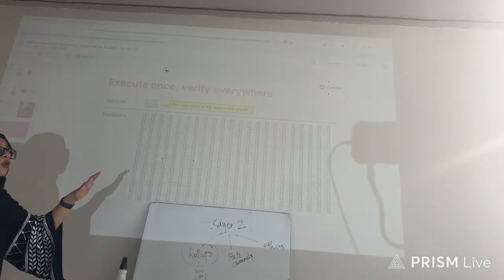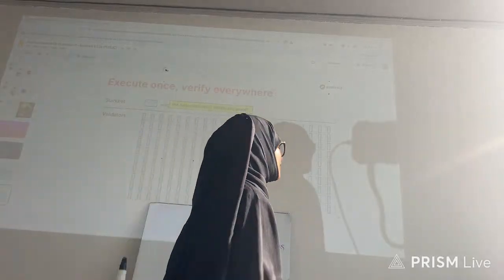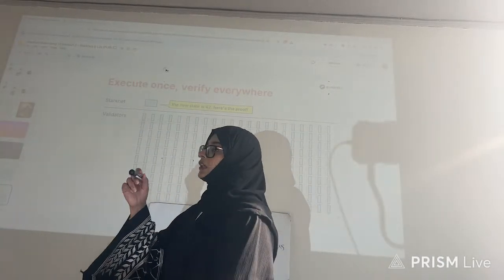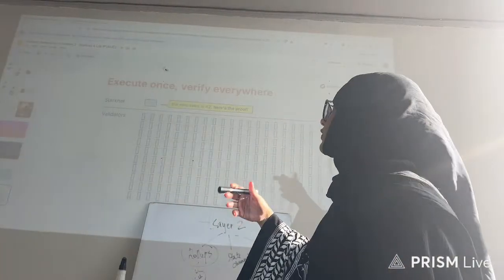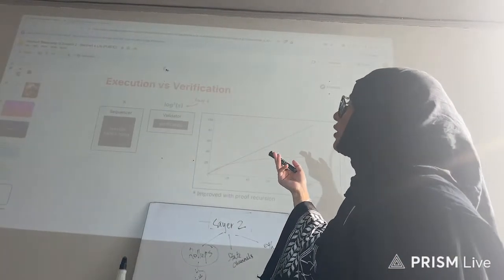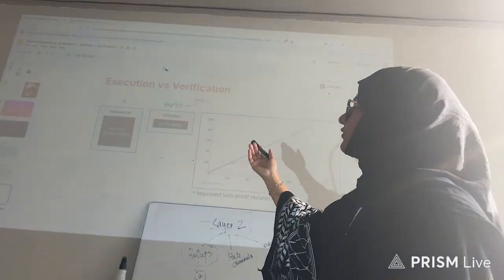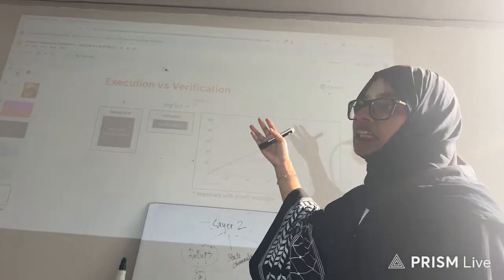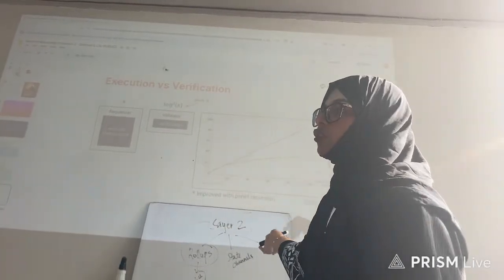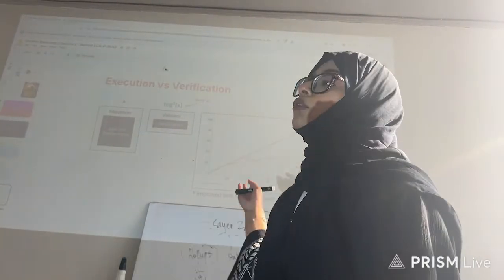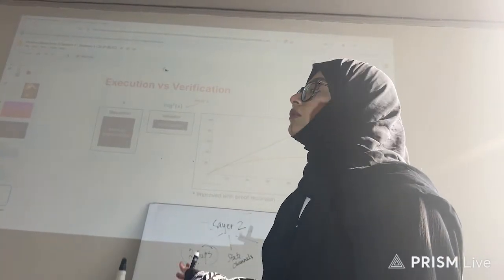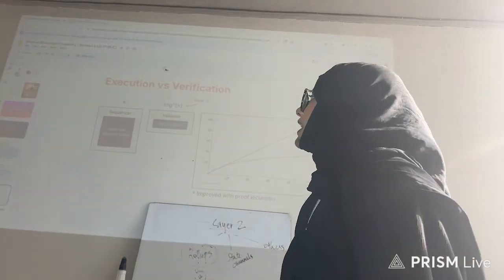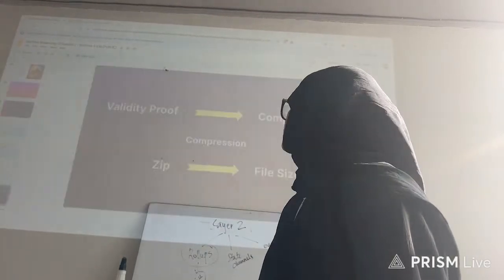The validator has to only run the proof on the system, and the difference in the computation power, if you are good at math, would be x versus log x. So let's say if x is 10, if it takes 10 seconds for a validator to validate the whole block, it would only take a second to validate the validity proof. So that's the major difference.